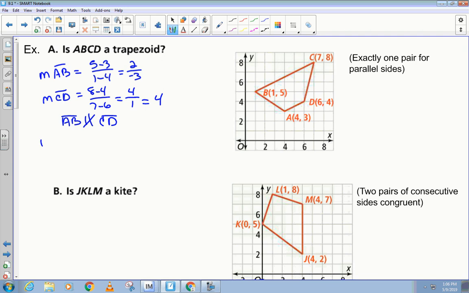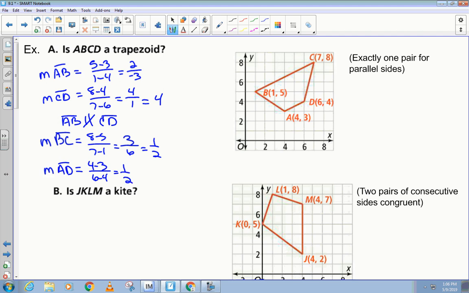Now let's look at the slope of BC. That would be 8 minus 5 over 7 minus 1, 3 over 6, which is 1/2. And then the slope of AD, which would be 4 minus 3 over 6 minus 4, which is 1/2.